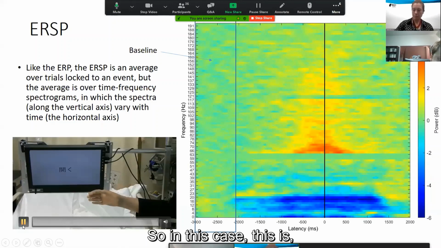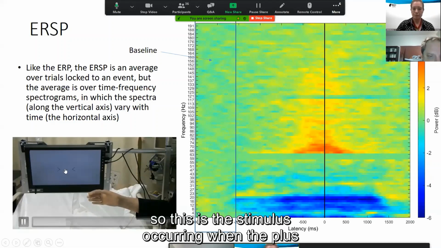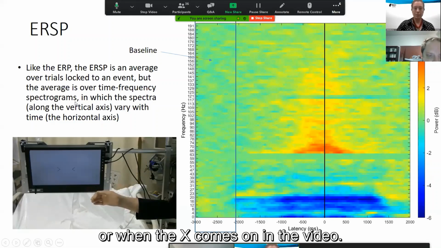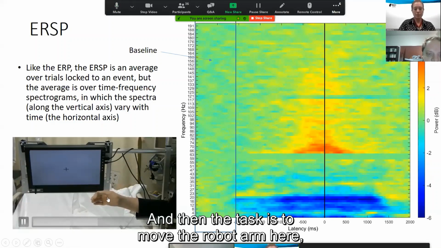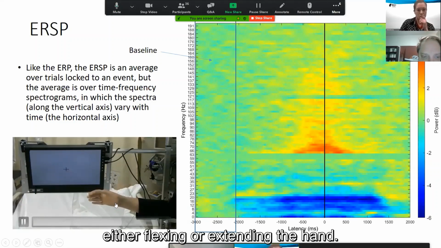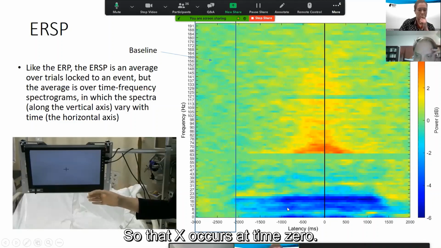So this is the stimulus occurring when the X comes on in the video, and then the task is to move the robot arm here, either flexing or extending the hand. So that X occurs at time 0.